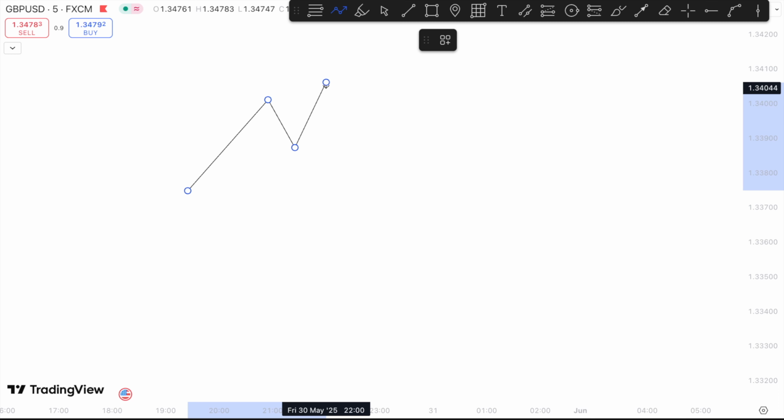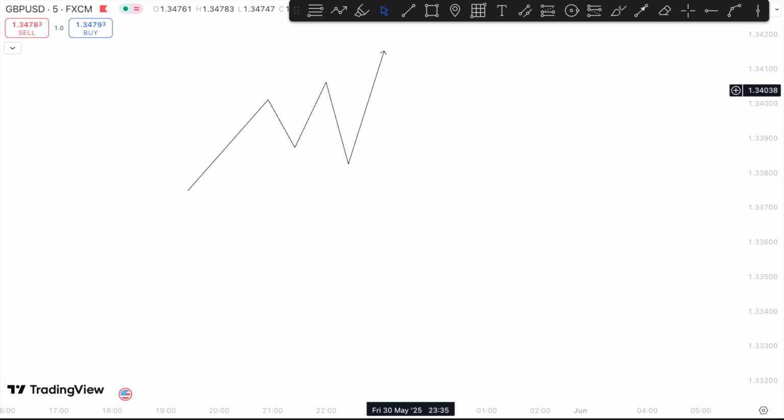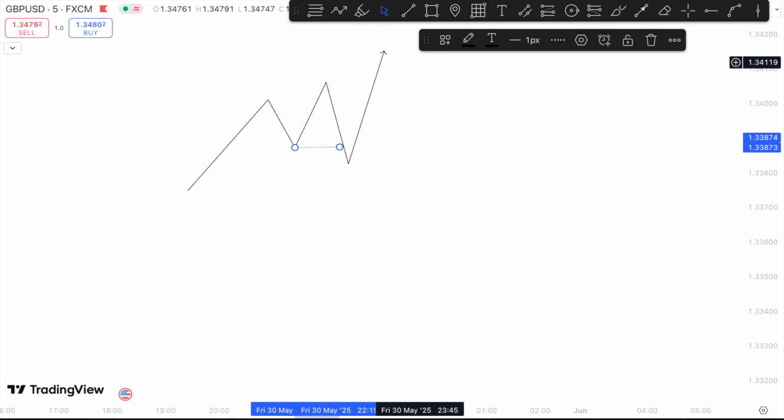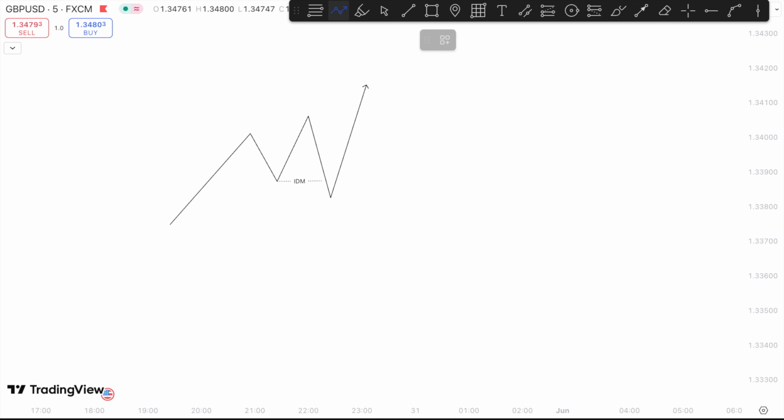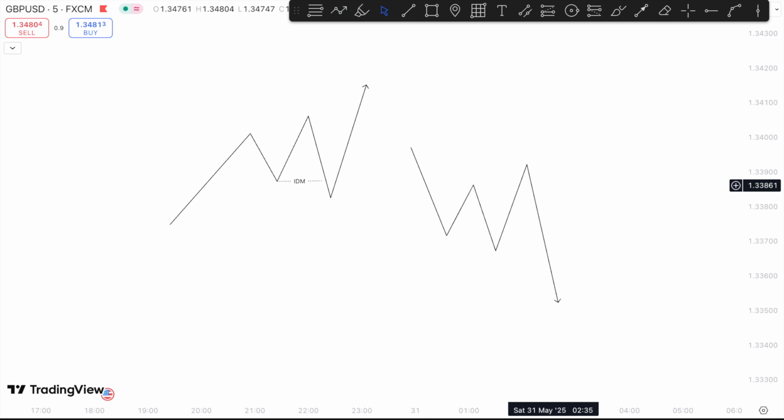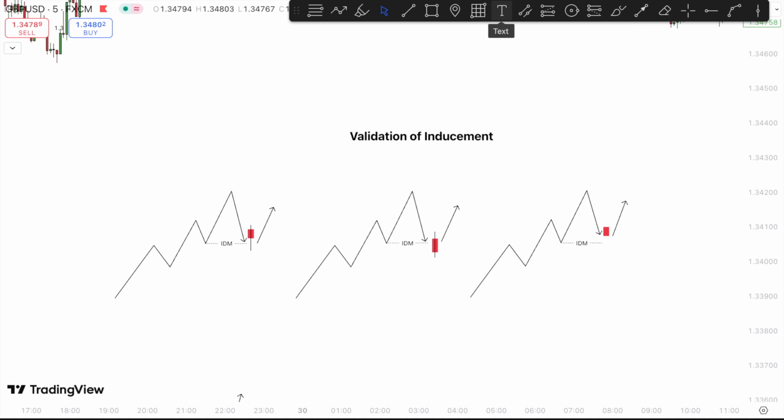So this gives a sweep inside the higher time frame, and after that it continues to move up. Do you get my point? So here we will mark this as our inducement. Simply, inducement is taking the liquidity in a chart. Inducement means taking liquidity. This is for an uptrend, and for the downtrend, here we mark this as our inducement.